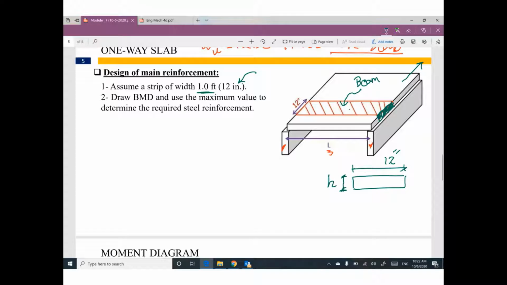And this beam is supported from this side and this side, so your beam looks like a simply supported beam with length L. So guys, it's a slab. Yeah, I know. And this slab is continuous. Yeah, I know. But I assumed I take only one strip, this strip with width equal to unit, width 1 foot. That means the cross section for this strip looks like this cross section.